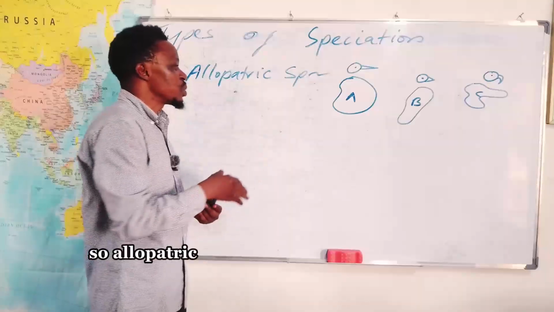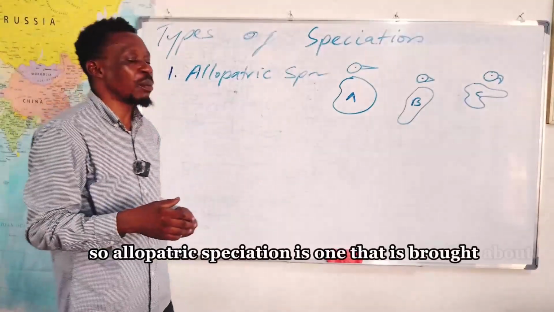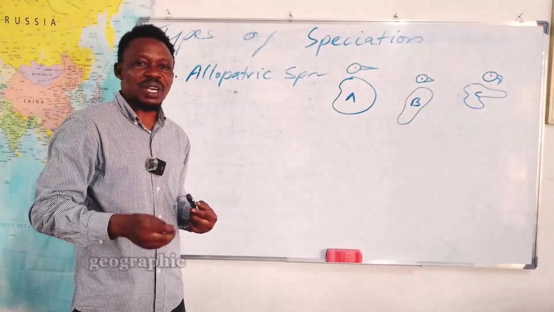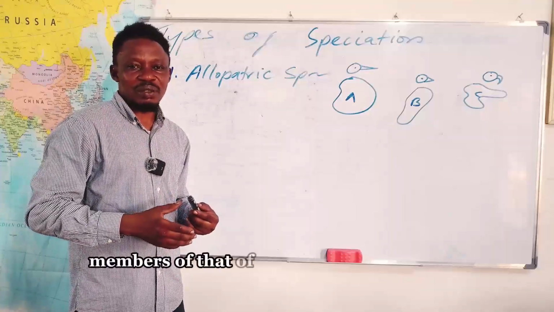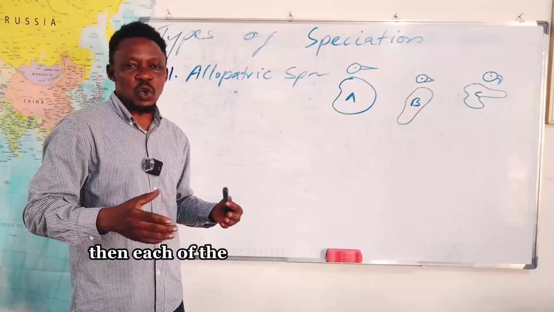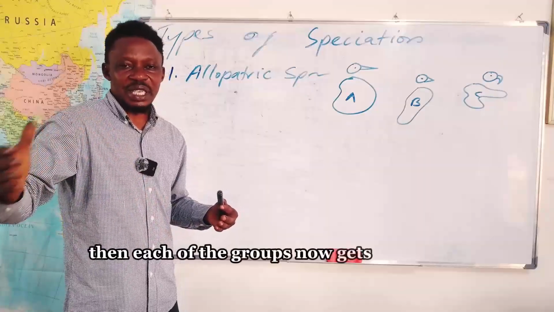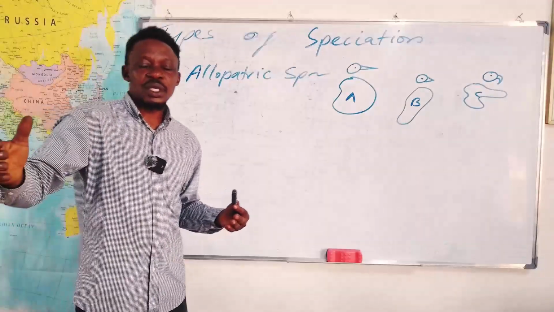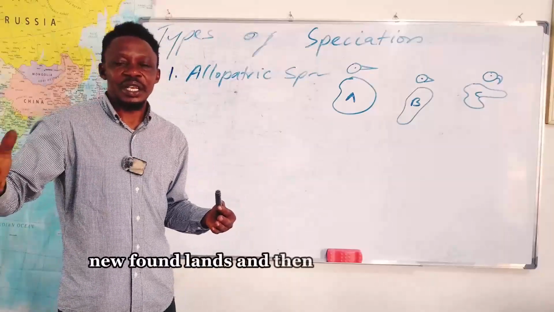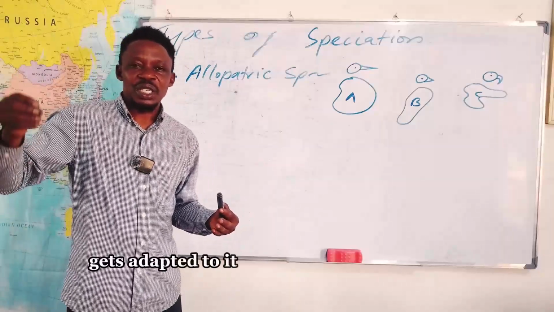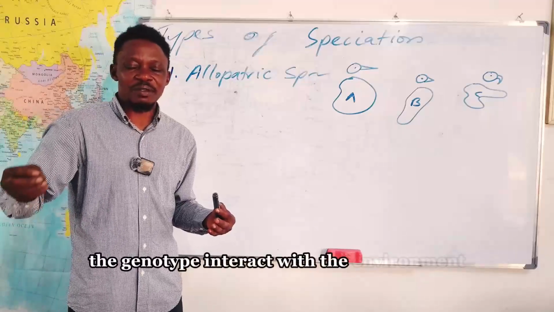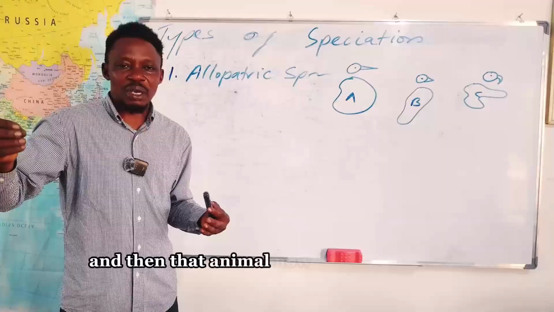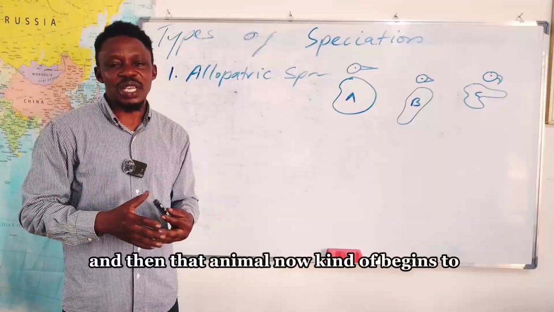So allopatric speciation is one that is brought about by complete geographic isolation of members of the species. Then each of the groups gets adapted to its own newfound lands and develops unique characteristics. The genotype interacts with the environment, and the animal begins to diverge.